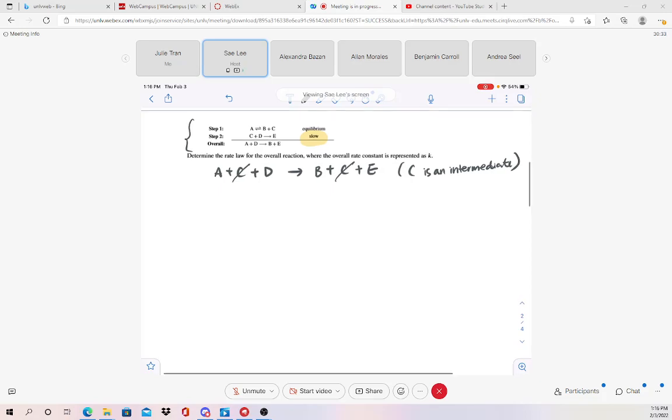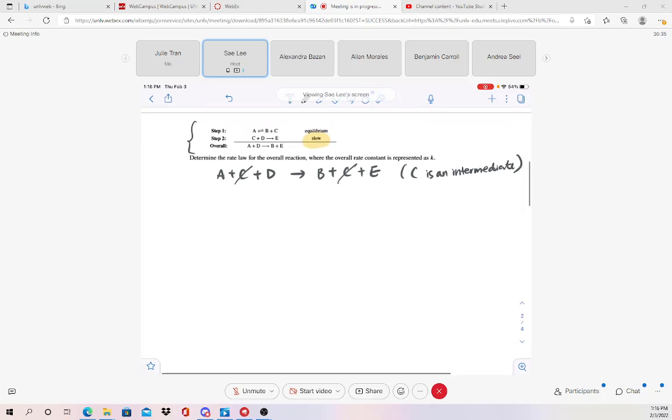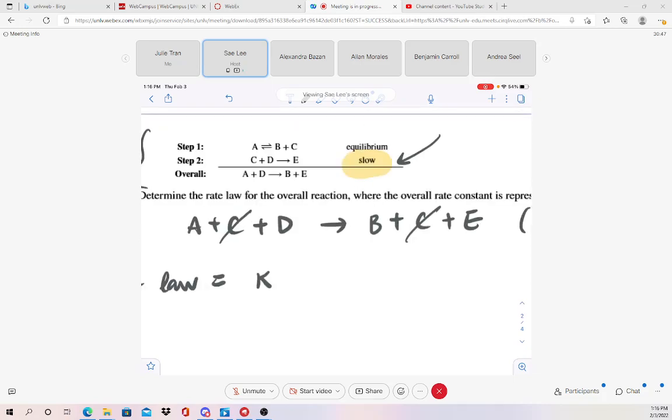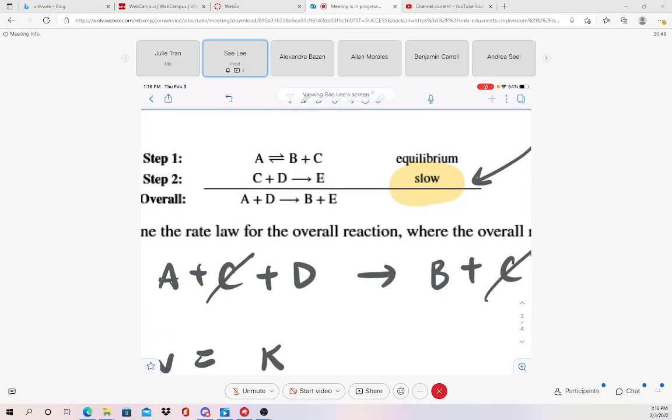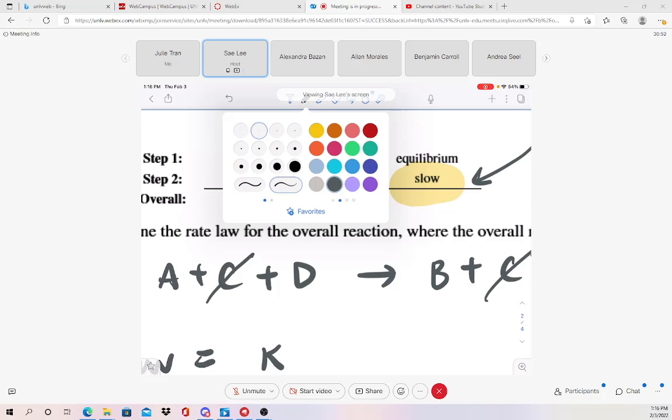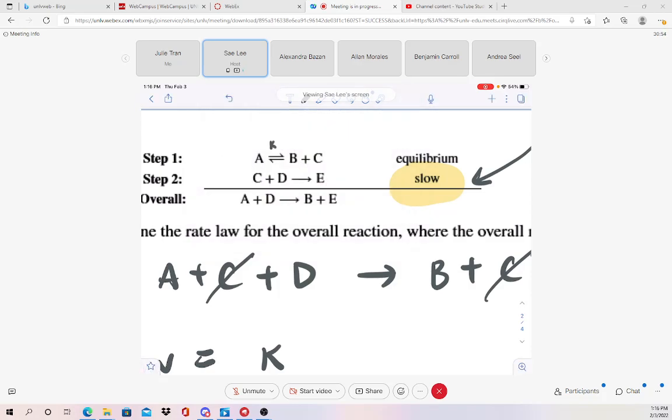And then, because the rate law is governed by the slow reaction, we know that the overall rate law is going to be, I need to label this. K1, K negative 1, and this is K2. Okay.